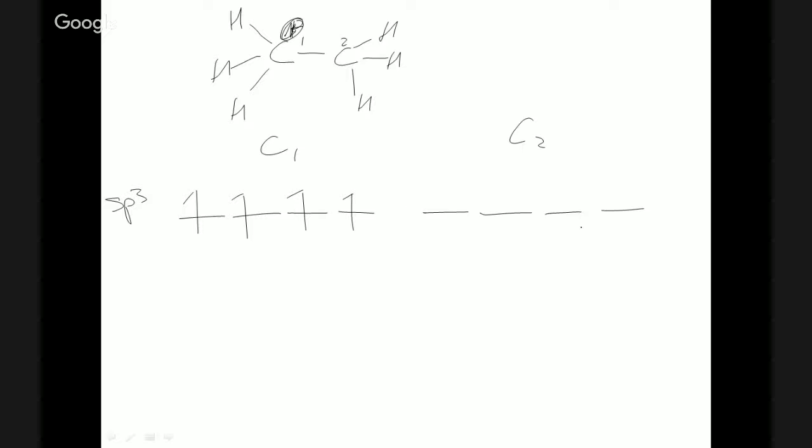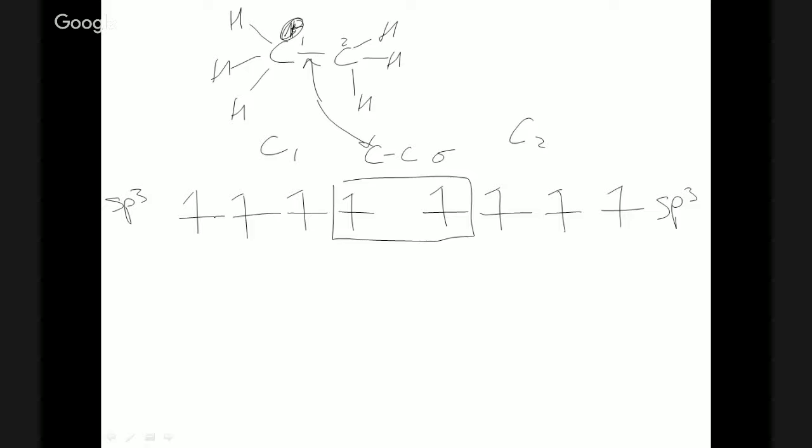Same thing with C2. We have 4 degenerate orbitals. They're sp3. They're equal in energy, and we have 4 electrons. This right here is the central CC sigma bond. Okay, it's just another picture. It's a deeper reality of that C1, C2 bond.